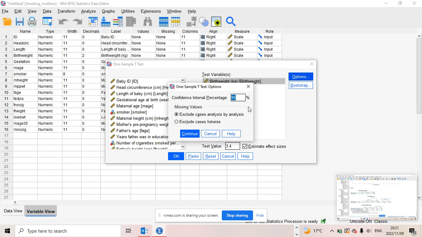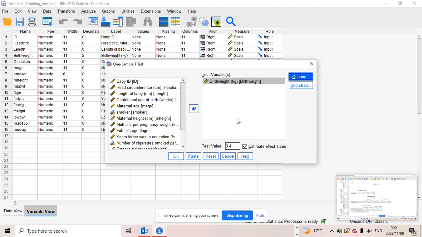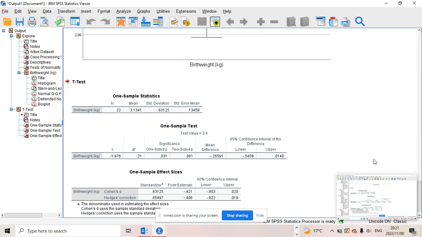That means we are 95% sure that the birth weight of babies born to smoking mothers is 3.4 kilograms. So that is our confidence level, 95% sure. So let's see if we need to accept the null hypothesis with 95% level of confidence or reject it. Then we click here, right? Then the next thing is to click here. Okay, now we've done that.